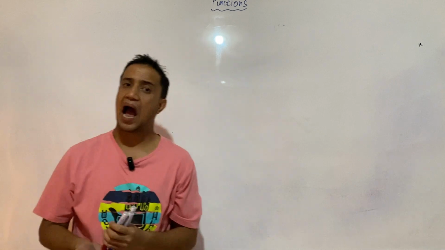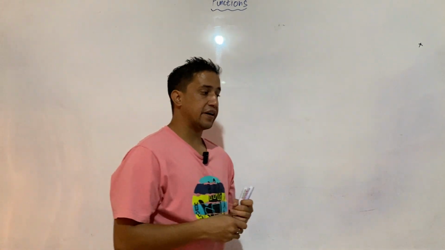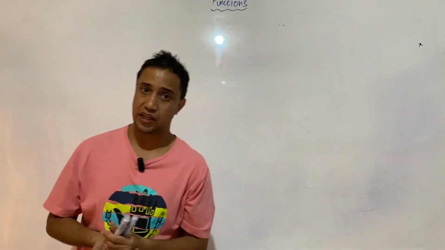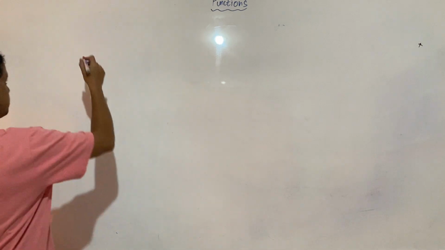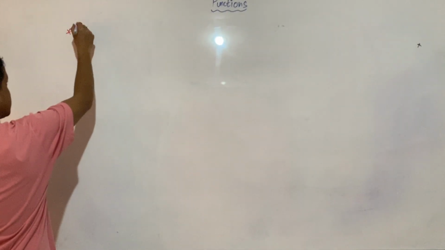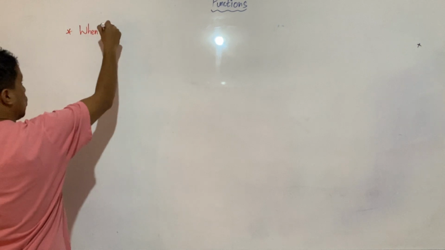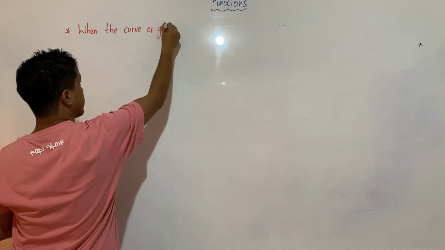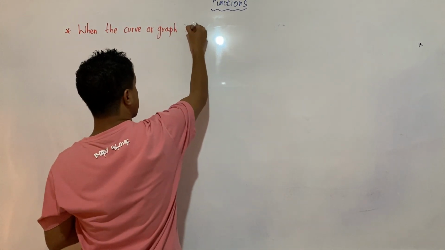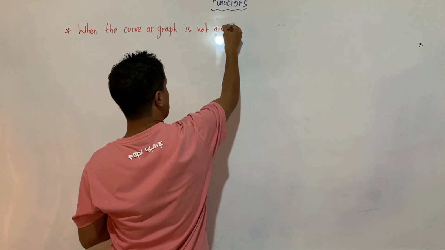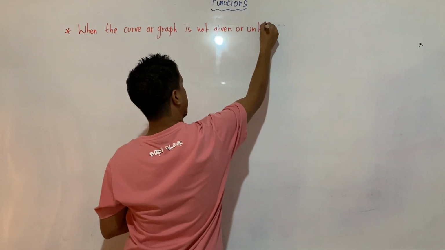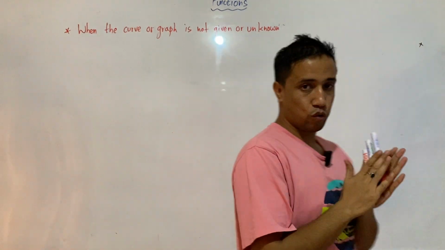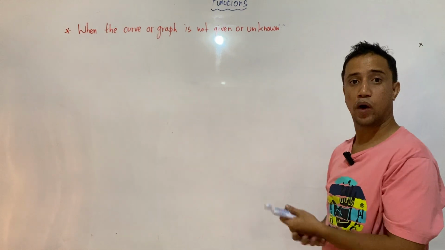Then how to know if the function given to you is one one or many one? This is for when the curve or graph is not given or unknown. Then how can we find out if the given function is one one or many one?